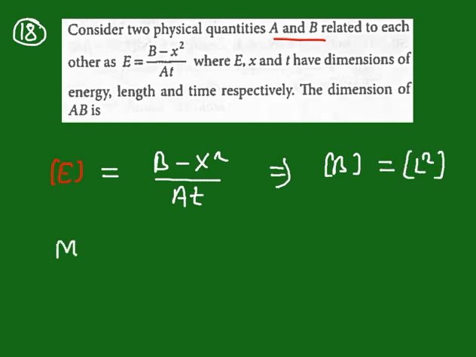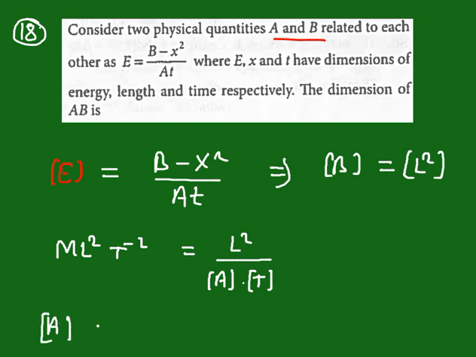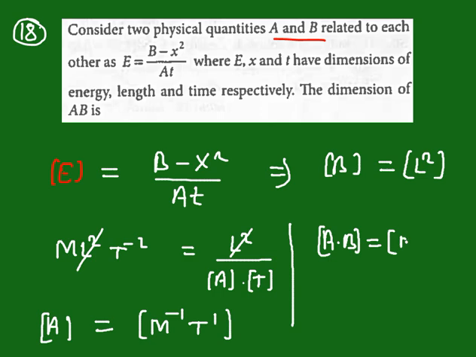Now energy is ml2 t minus 2, numerator is L2, and we have to calculate the dimension of A as well, then only we can take the product of these two. So A will have dimension equivalent to, you see L2 L2 gets cancelled, A getting cross multiplied here, and it is m minus 1 and t1. This is the dimension of A. Now the dimension of A into B is m minus 1 L2 T1.